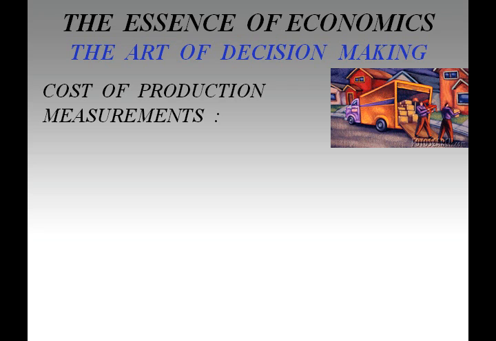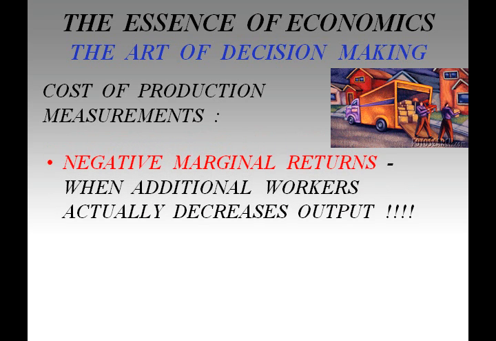If the moving company does not address the situation where it's experiencing diminishing marginal returns, in other words, find the labor with the right skills, put in place the right methods and procedures, and support the labor with the right technology and tools, the business will quickly run into what we call negative marginal returns, where additional workers actually decrease the output for the firm.